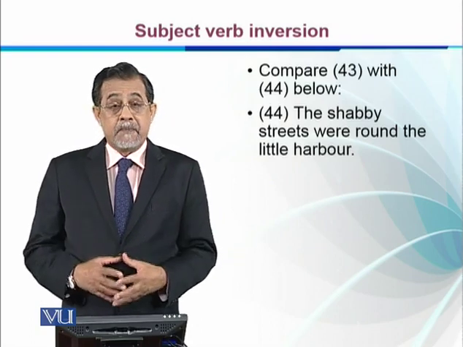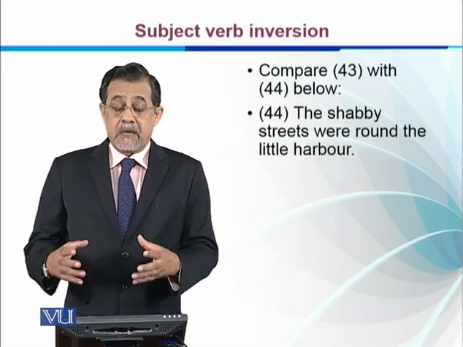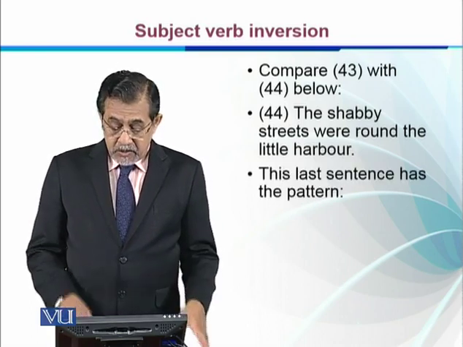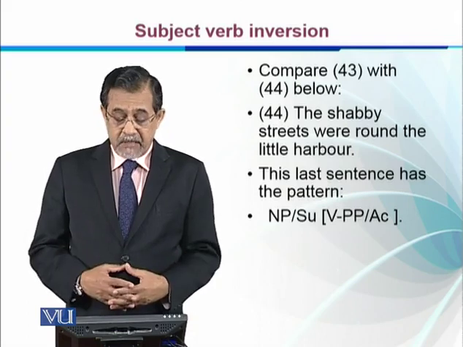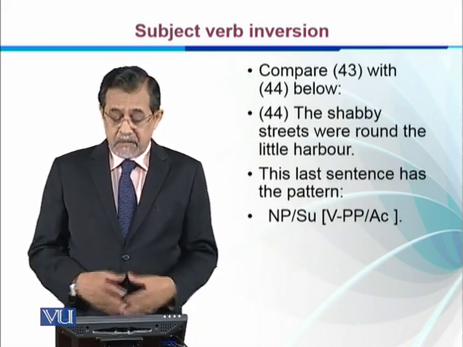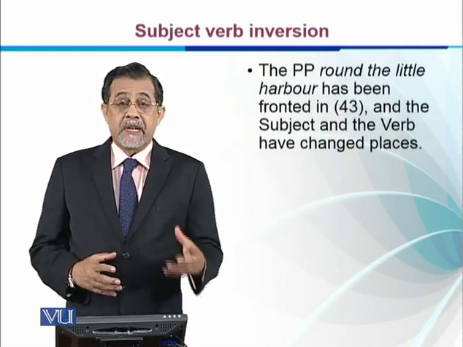Were is the lexical verb be, and round the little harbour is an adjunct complement, right? So this sentence has the pattern noun phrase, which is a subject, verb, and a prepositional phrase, which is an adjunct complement.